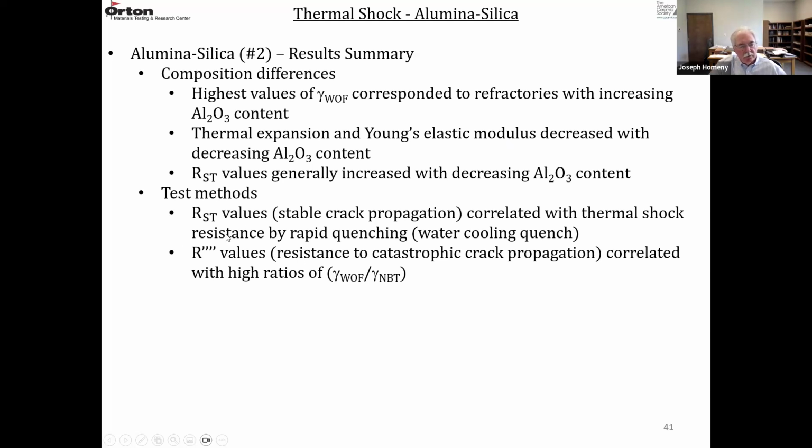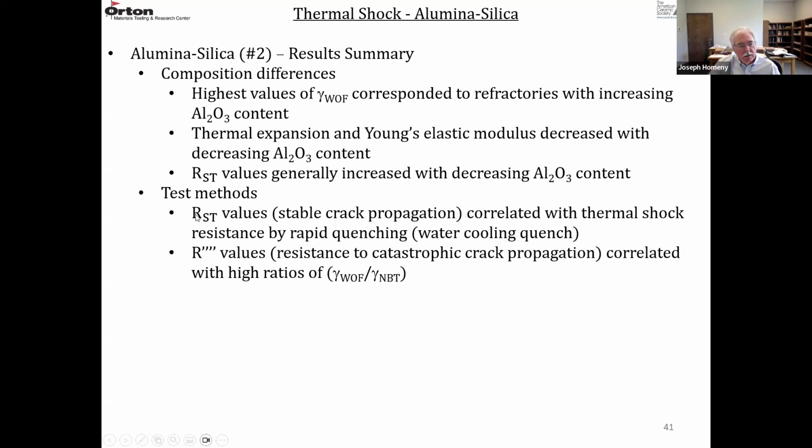So as far as the test methods, the RST values for stable crack propagation correlated with the thermal shock resistance by rapid quenching, and that was by water-cooled quenching. And the R4 prime values, the resistance to catastrophic crack propagation, they're saying that correlated with the high ratio of work of fracture to gamma NBT.